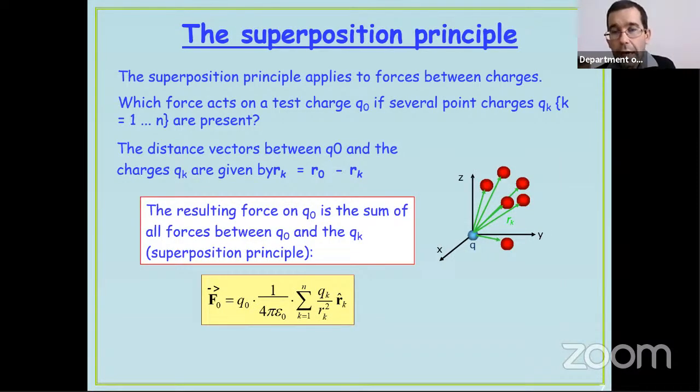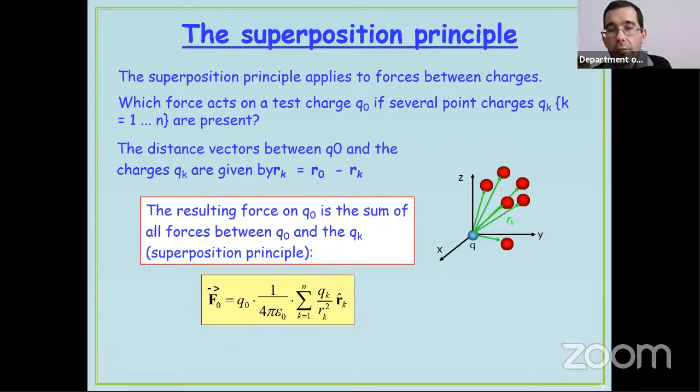And what happens if we have not simply 2 charges, but many charges? In this case, we have to calculate the Coulomb force between each and every pair of charges.